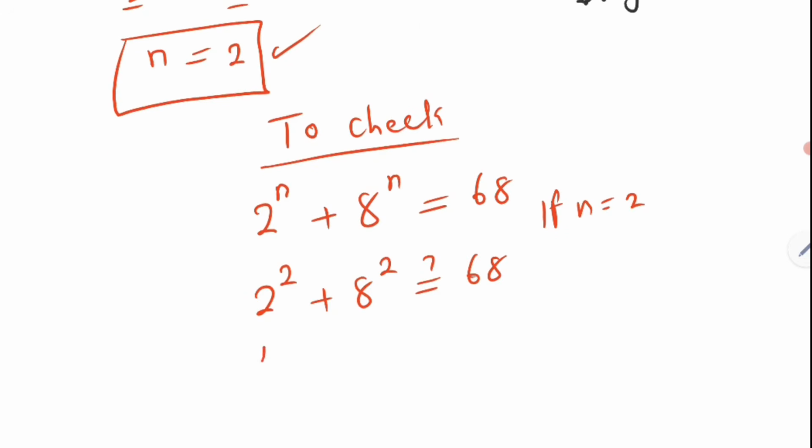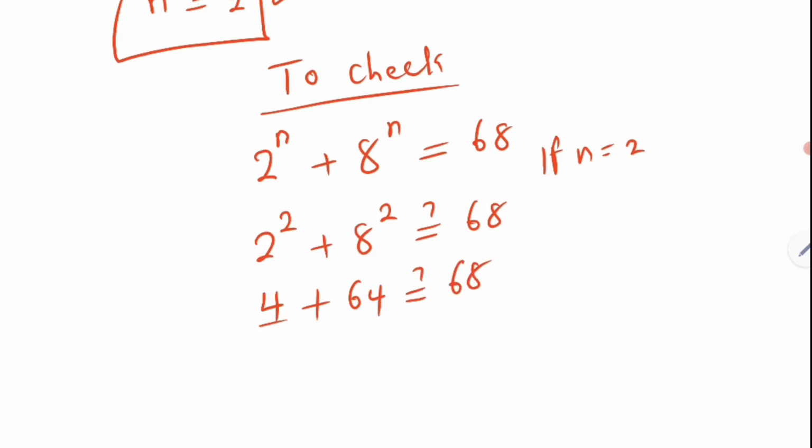Now 2 raised to power 2, this is 4, plus 8 squared, that is 64, must be equal to 68. And of course, 4 plus 64, this is 68, is equal to 68, which is true.